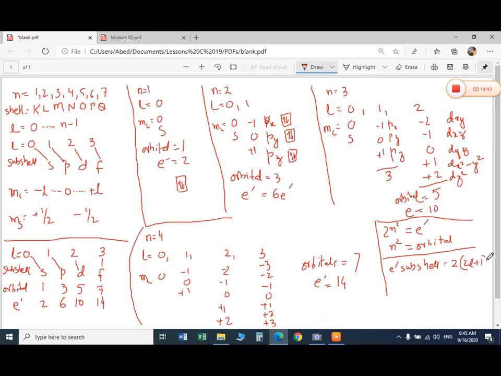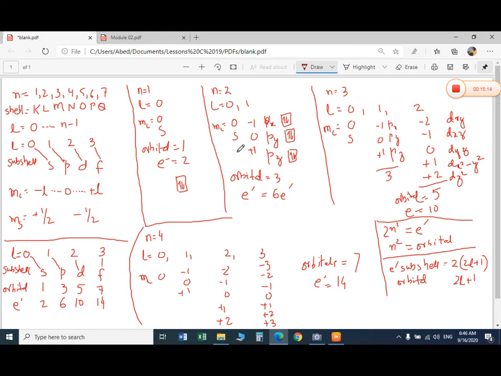If you calculate by this rule, the same answer will come: 2, 6, 10, 14. This is for electrons, and for the orbitals in the same subshell, it will be equal to 2L plus 1. So the answer will be 1, 3, 5, 7.